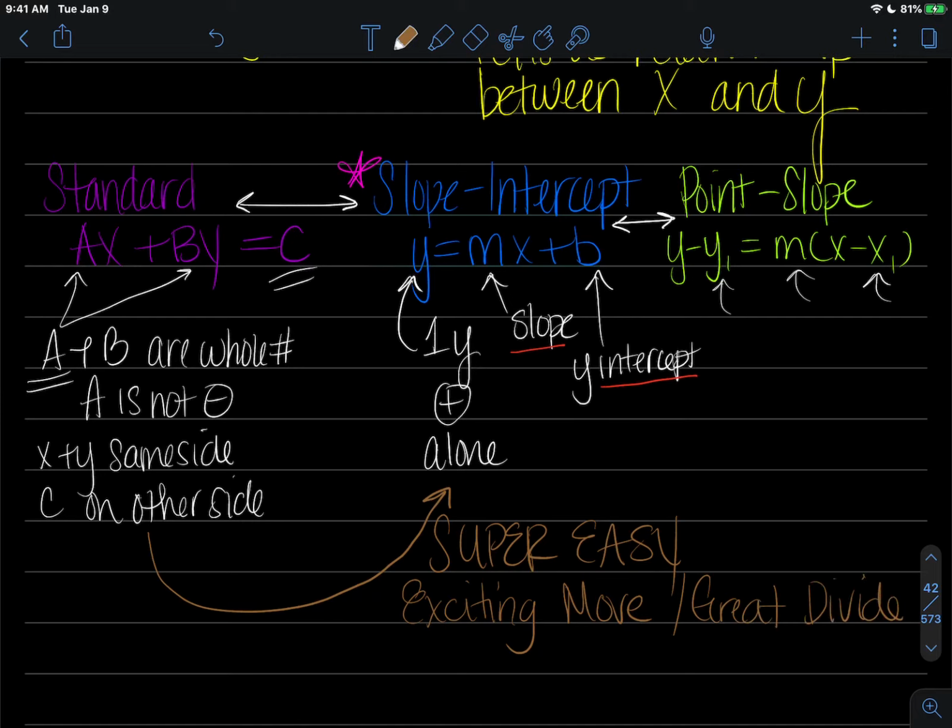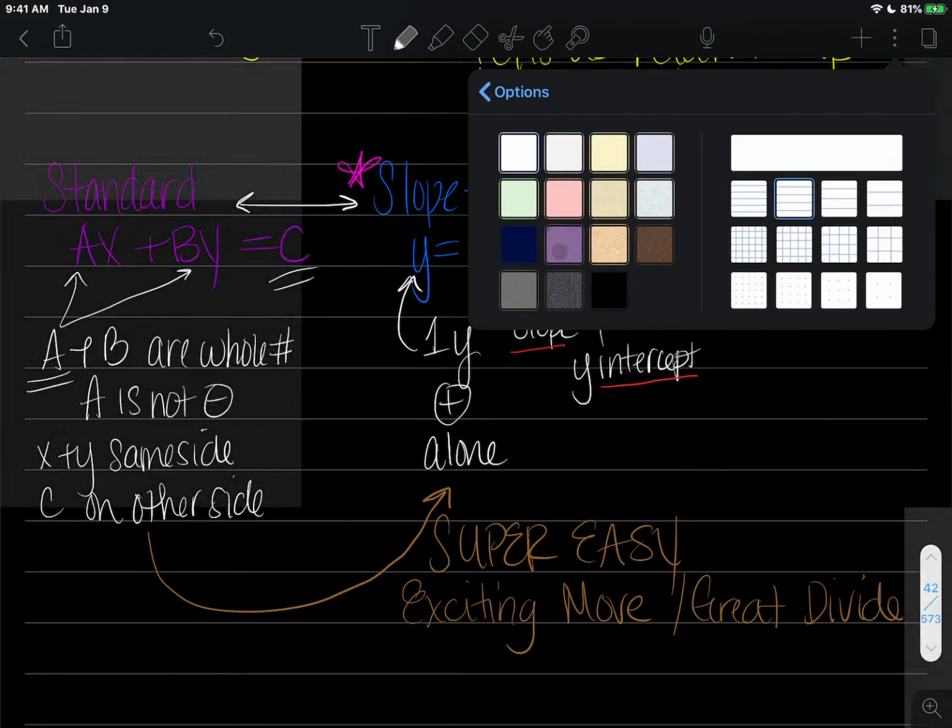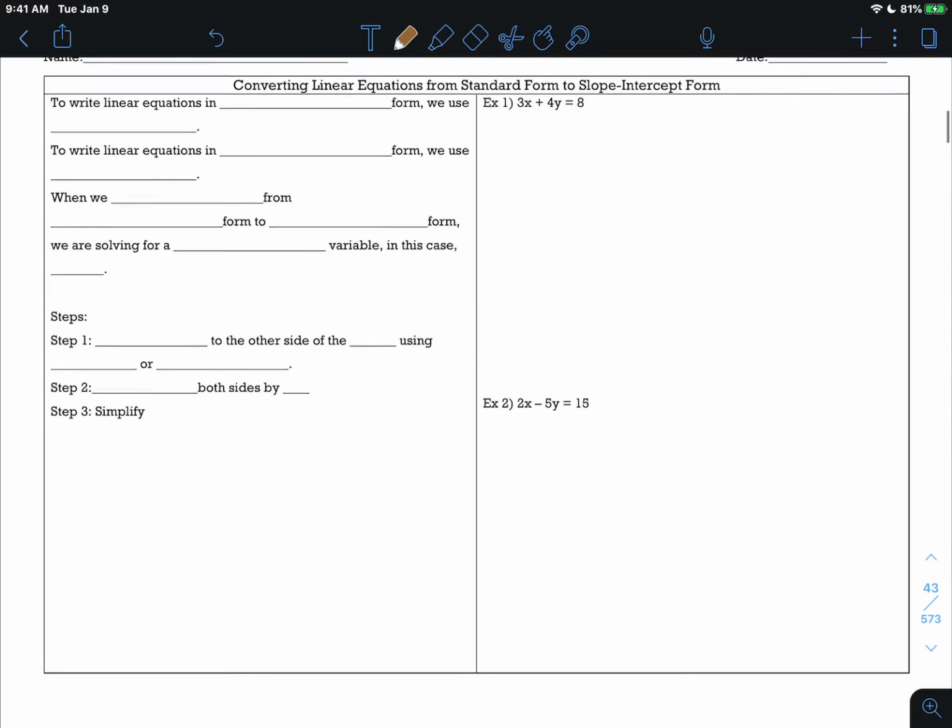So that's wonderful. And the good news is that today we are only going to go in that direction. So we don't have to worry about going backwards. Going backwards, that's a whole other level of something, okay? So let's go ahead and get started on today's notes.